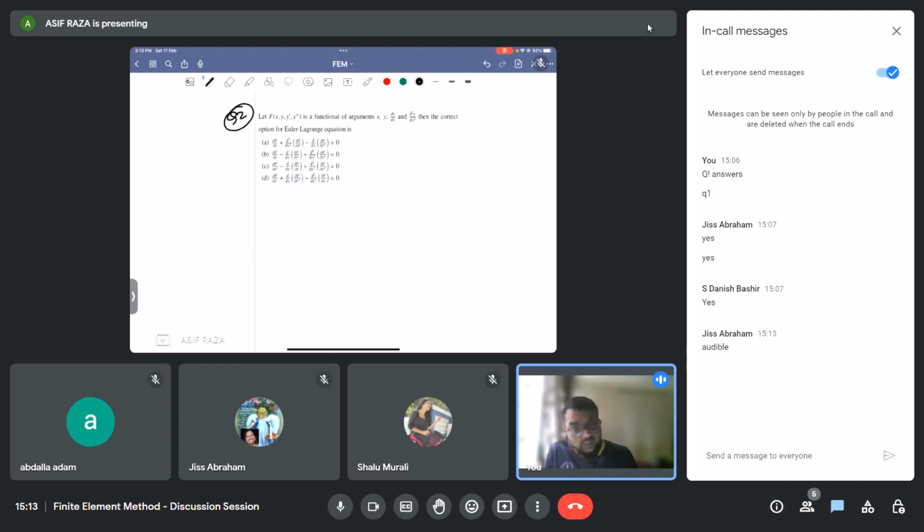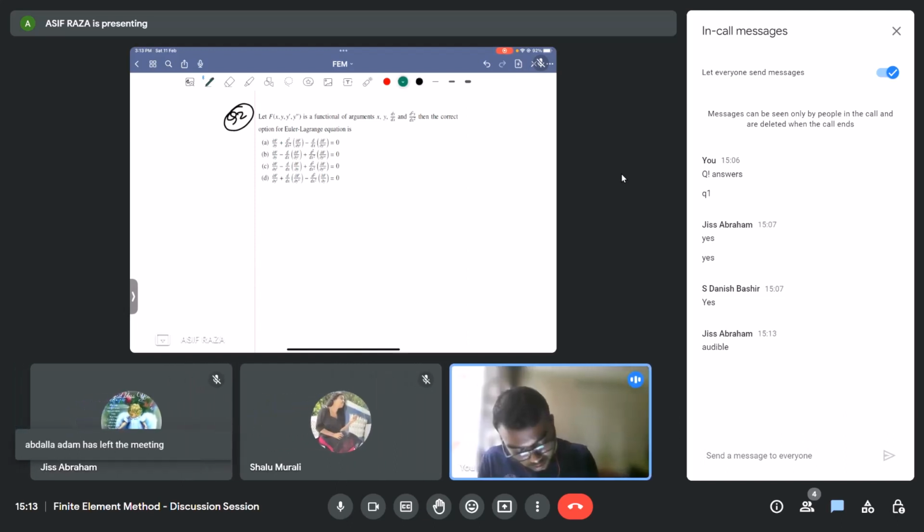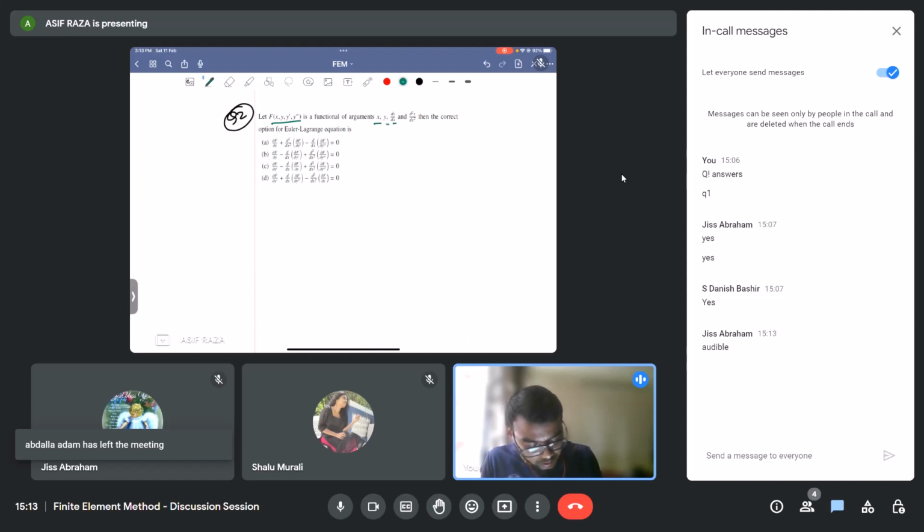So this is the second question. There is a functional with arguments x, y, dy by dx, and d2y by dx squared. The correct option for the Euler-Lagrange equation for this functional is straightforward. As you all know, the highest derivative involved is y double prime.